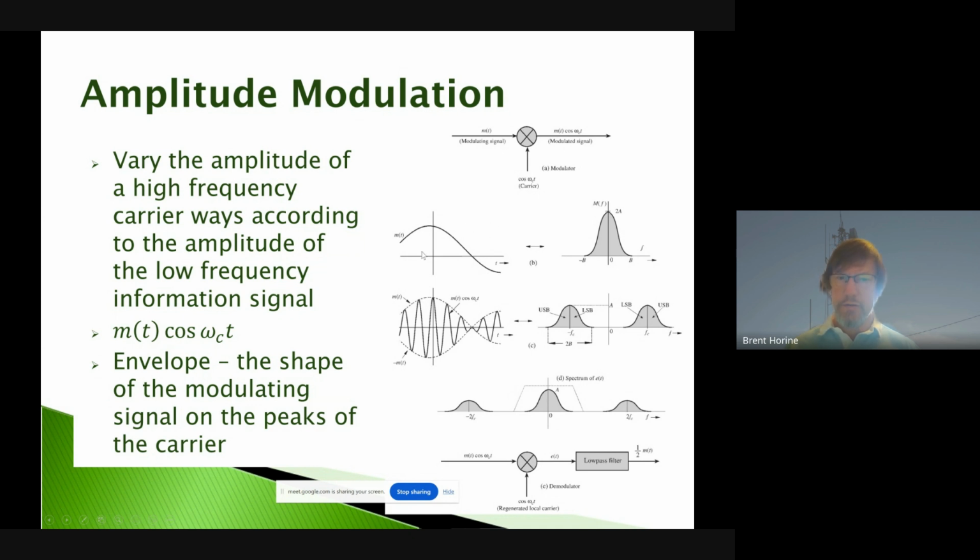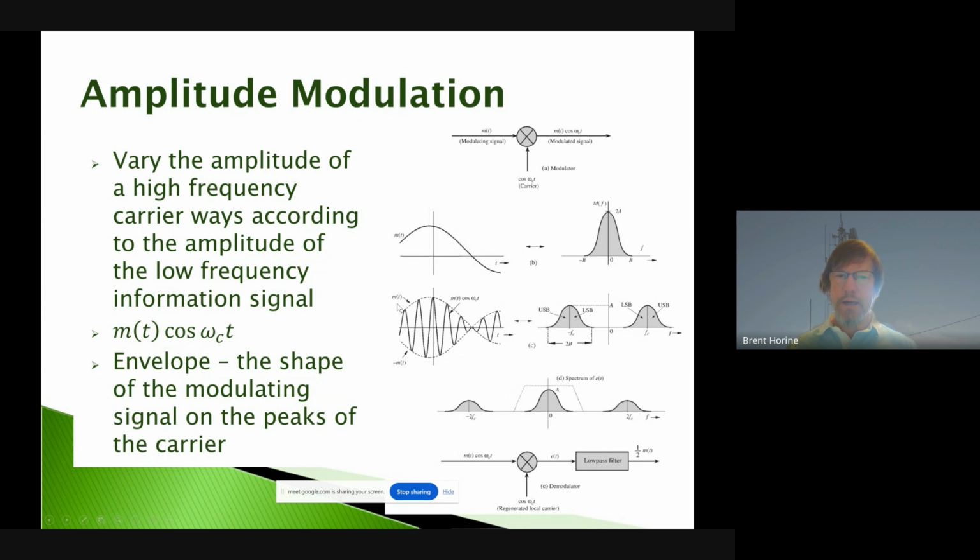The amplitude is directly proportional to the modulating signal, and the rate of change is associated with this rate of change here, but only if we connect all the peaks of this carrier signal, and the negative peaks also.